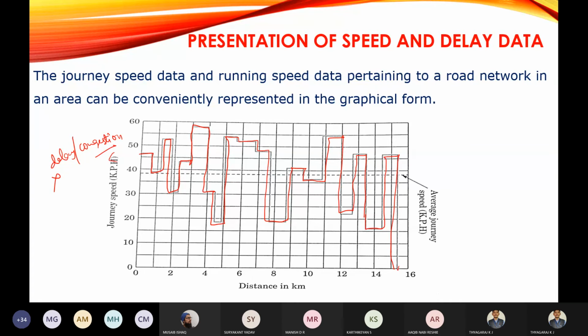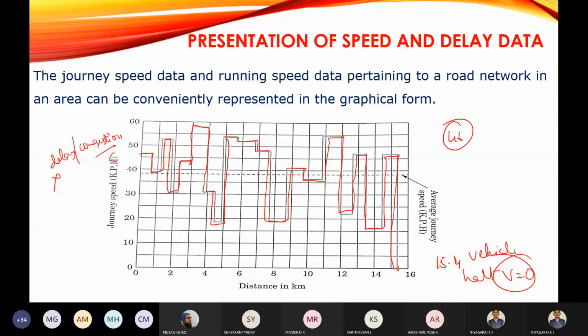At a distance of around 15.4 kilometers, the vehicle comes to a halt. The speed becomes 0. At 0 distance, the initial speed is around 45, about 46.